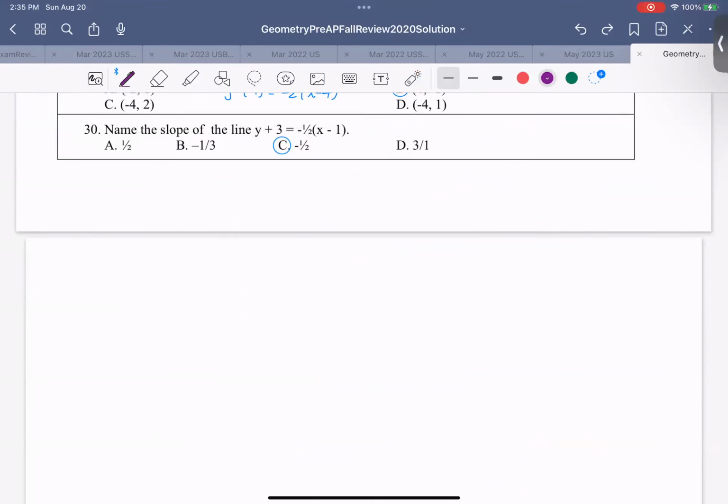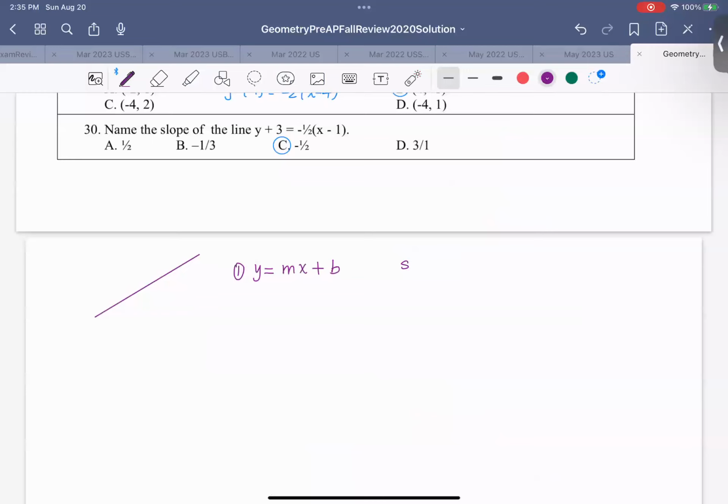Let me say how many different formats there are for a linear function. A linear function has how many different formats? First is y equals? Y equals mx plus b. Good. This is what format?